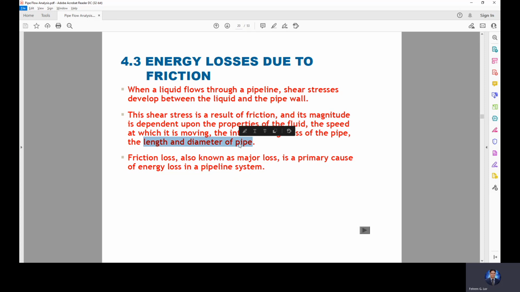We also have the sudden enlargement, where your pipe suddenly becomes bigger, or sudden contraction, where your pipe suddenly becomes smaller. So those are the losses for those changes. Gates, faucets, any structure or any fixtures that you put in the pipe can cause minor loss, one of the causes of energy loss. Okay?